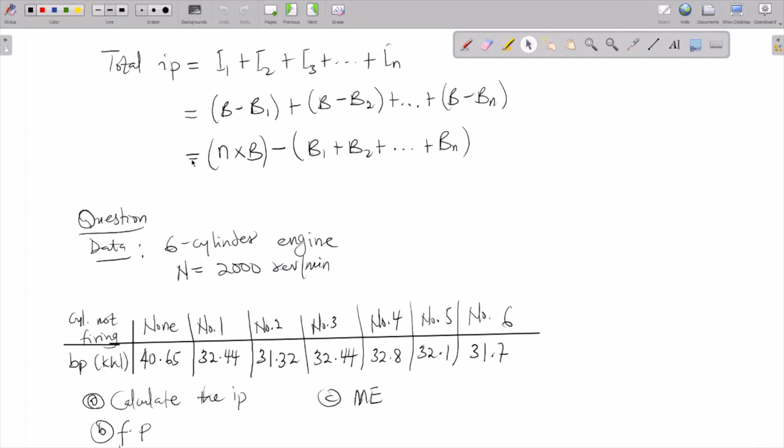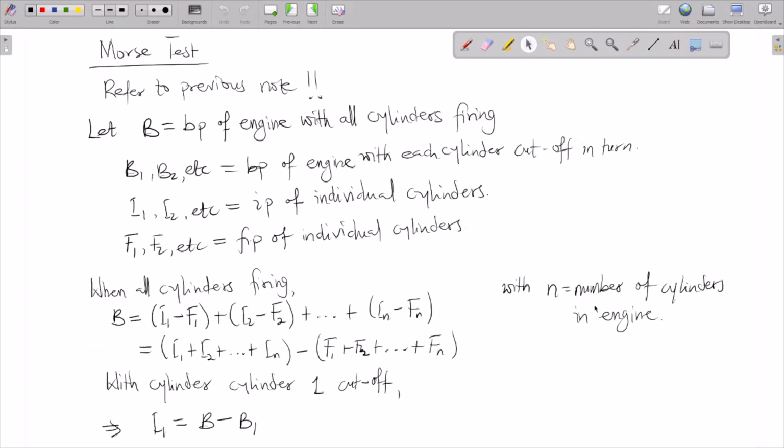Or we can also write it as N multiplying B in brackets minus the sum of all the brake powers when the cylinder has been cut off. Remember, I said that N is equal to the number of cylinders in the engine.